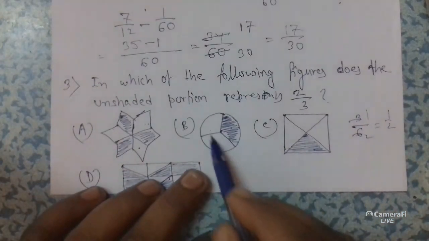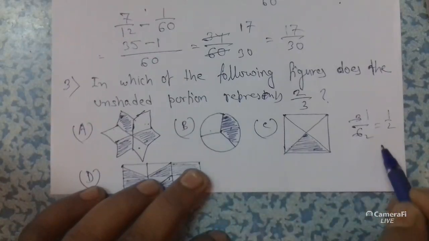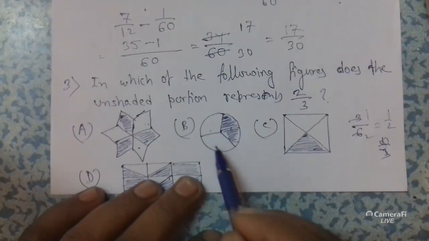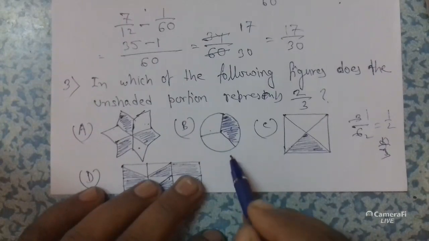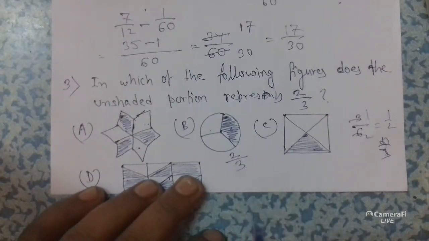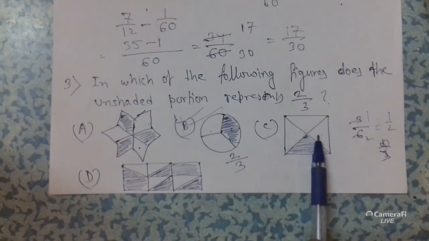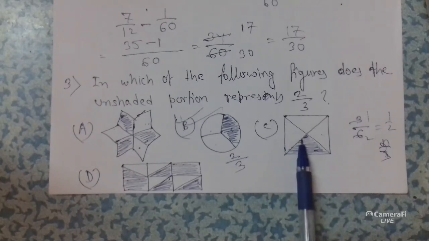Second one is 1 out of 3, so one portion is shaded, so that means 2 portions are unshaded, so 2 parts unshaded out of 3 parts, so it is the right answer. And option C is incorrect because 3 parts are unshaded out of total 4 parts, so 3 by 4. So option C is also incorrect, you can see.